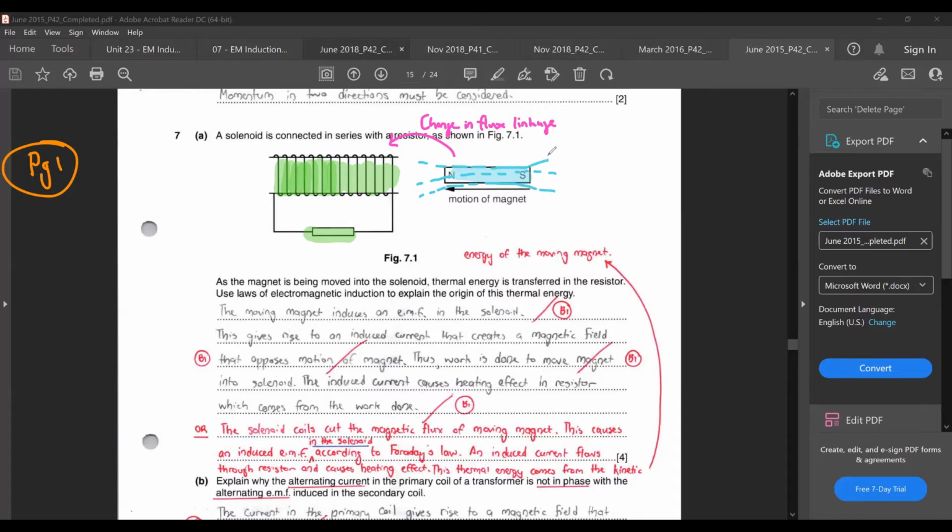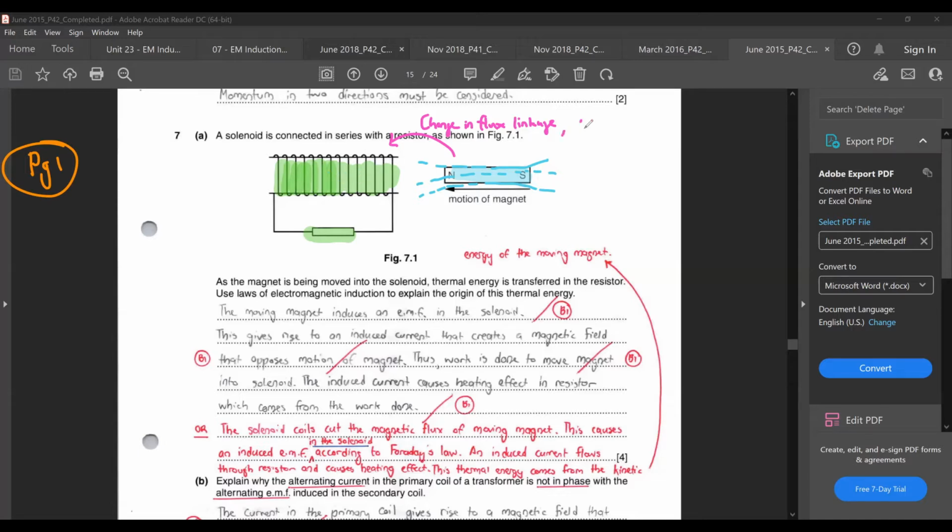So when you move your magnet into your solenoid, you're causing a change in flux linkage. When your magnet is far away, your flux linkage is 0. But once you move your magnet in, your flux linkage is going to be some value. So you have a change in flux linkage.